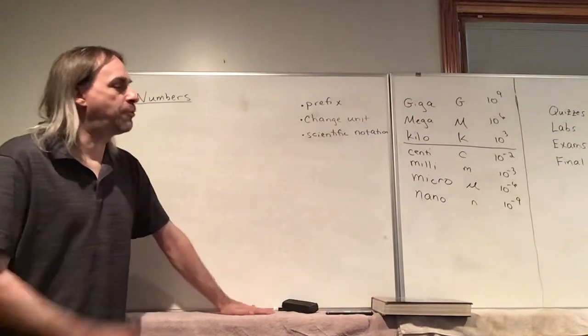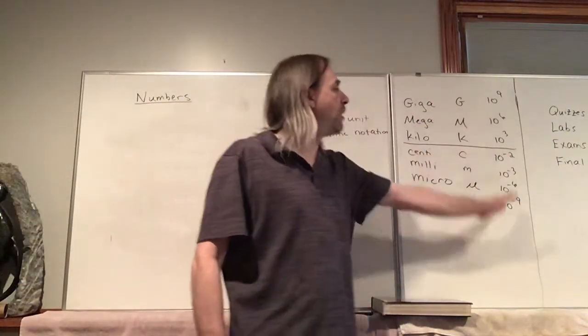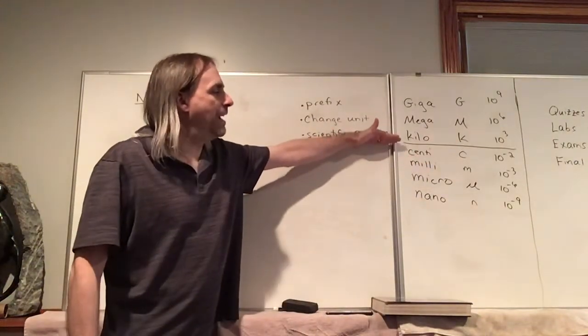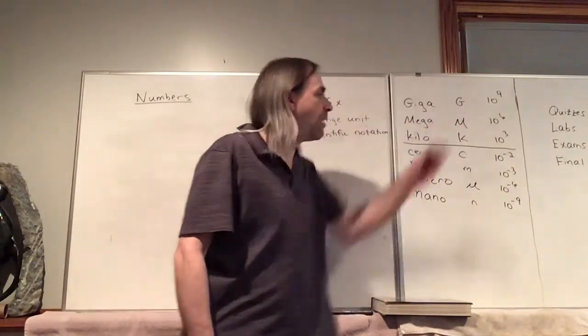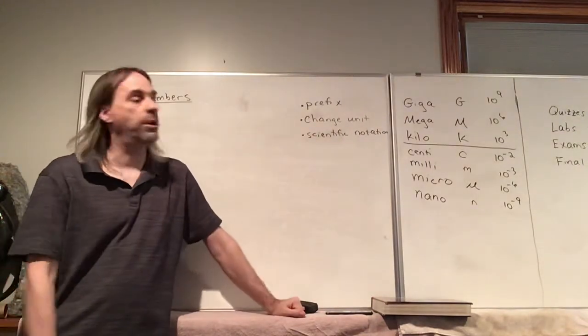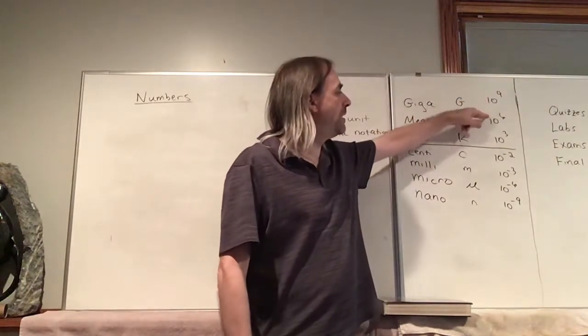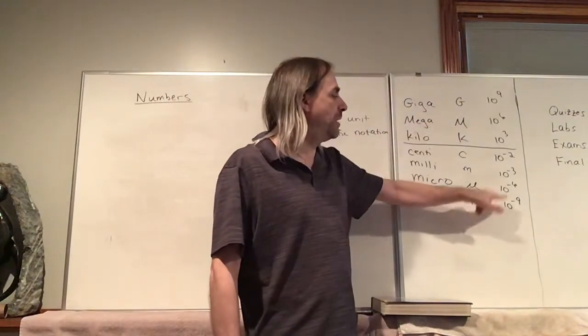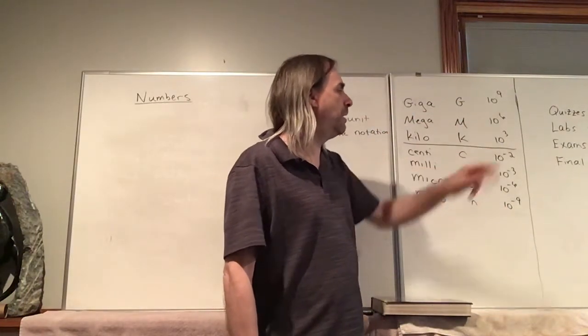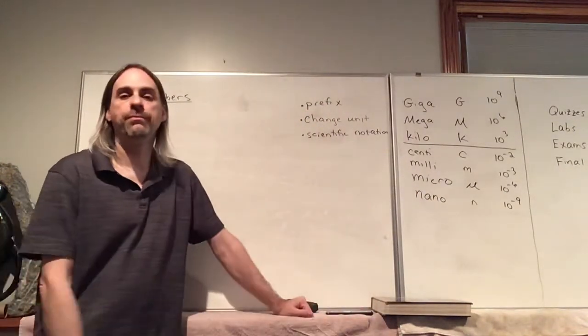Each prefix has a name, a symbol, and a value. I drew this line here because everything above the line is bigger than 1, and everything below the line is less than 1. They basically go by multiples of 3, like 9, 6, 3, minus 9, minus 6, minus 3, and then there's centi, which seems out of place here.